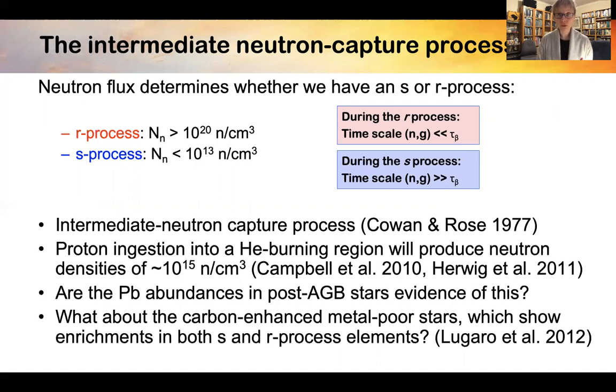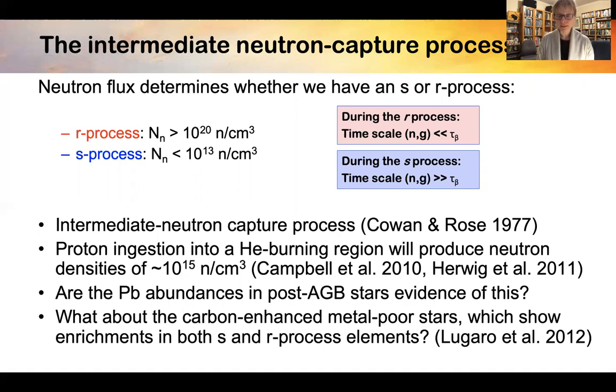This can lead to neutron captures under what we call I process, or intermediate neutron capture, conditions. I've put the S process here; I've actually put 10 to the 13 for the S process, so less than this. We think that the I process, this intermediate neutron capture process, can take place anytime you mix protons into a convective helium burning region, such as a post-AGB star, or maybe a core helium flash.